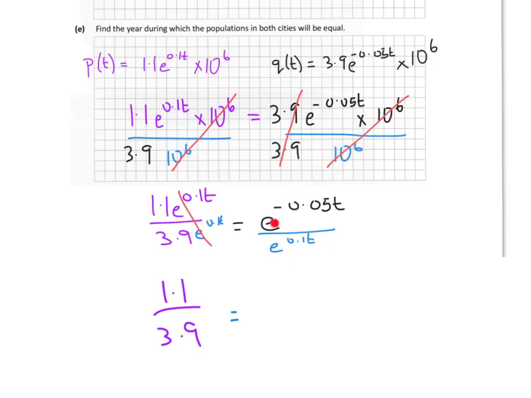So here, what have I got? Two things of the same base divided by each other. So I know I just have to subtract the powers. So that's going to give me e to the power of minus 0.05 t take away 0.1 t gives me e to the power of minus 0.15 t.